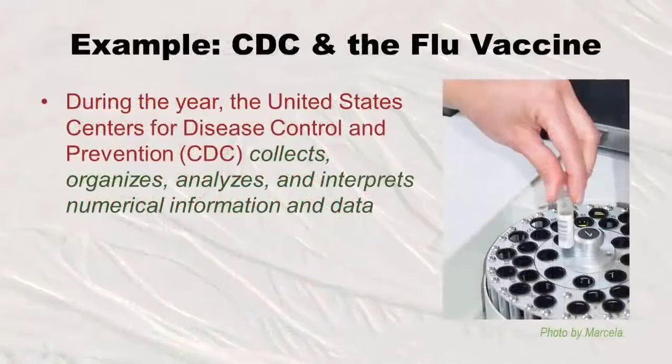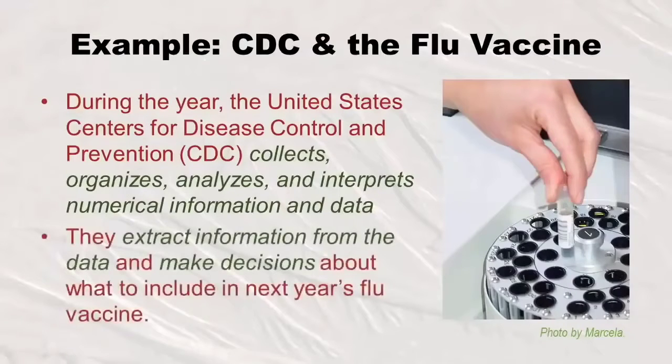For example, let's think of the Centers for Disease Control and Prevention in the United States. They spend the whole year studying the different flu viruses that go around, because there's more than one. They organize, analyze, and interpret numerical information and data about these different influenza viruses that are going around. They extract that information. And you know what decisions they make?